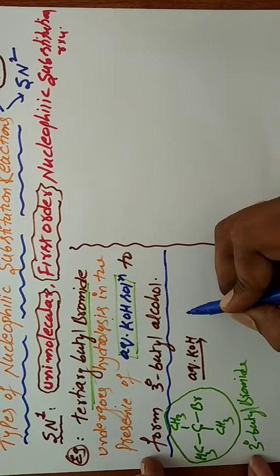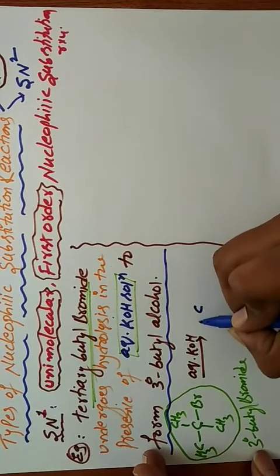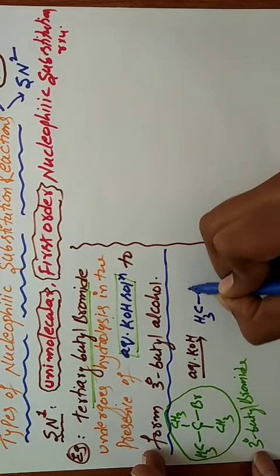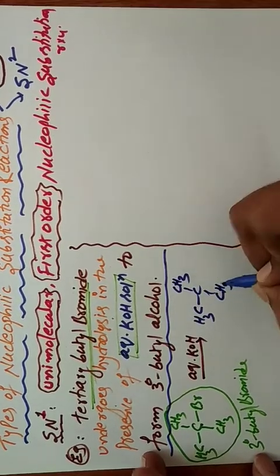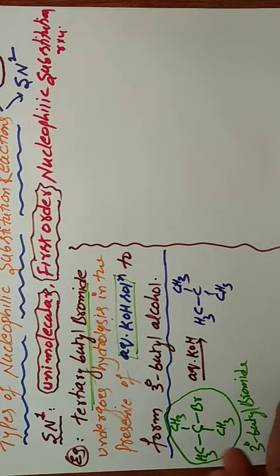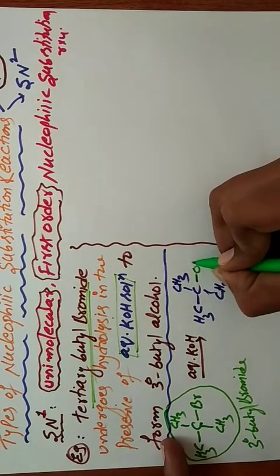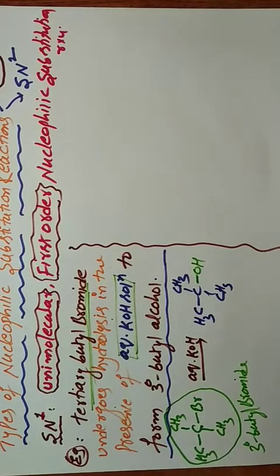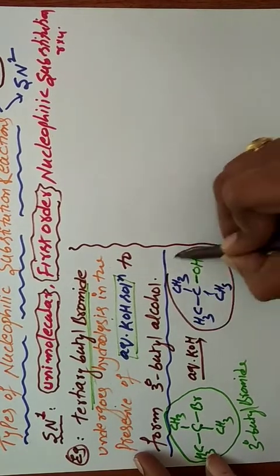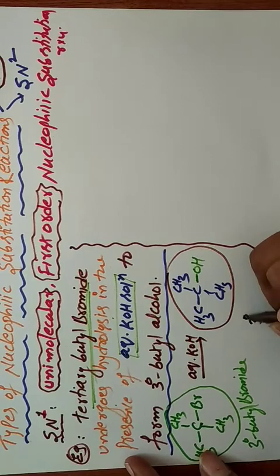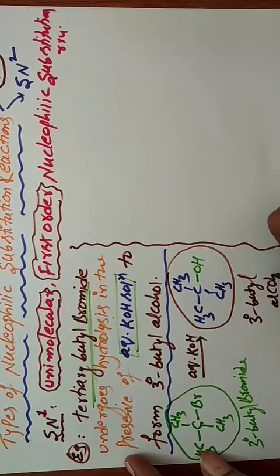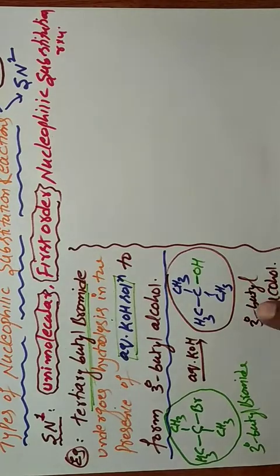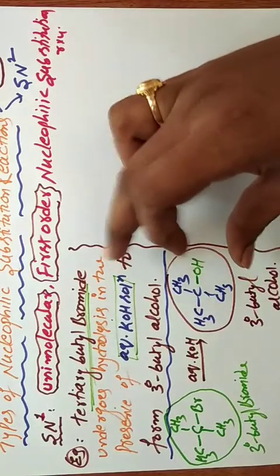So we take CH3, C, CH3, CH3, and here the OH group. This is tertiary butyl alcohol. This is the total reaction.